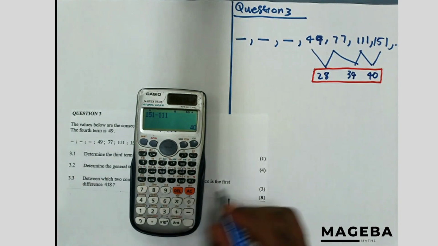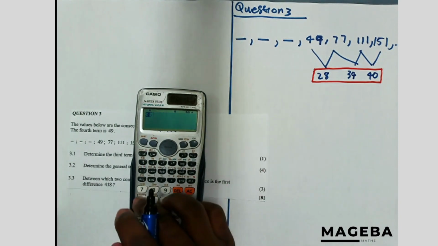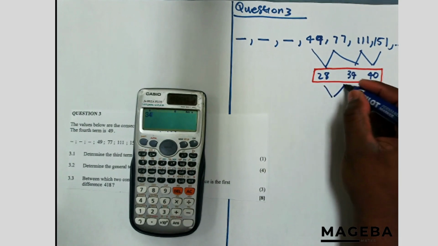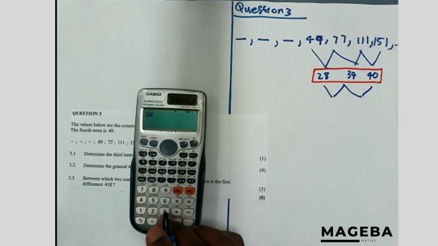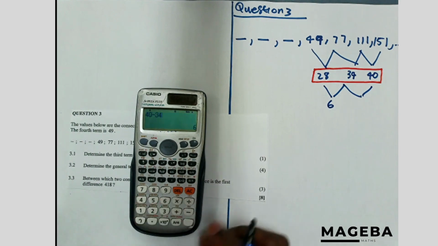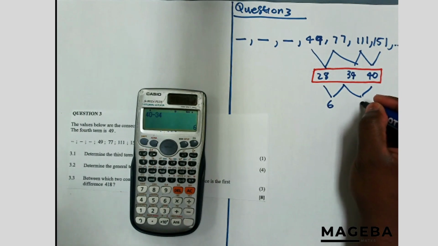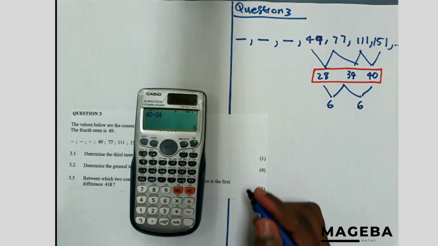From there we say 34 minus 28 gives us 6, and 40 minus 34 gives us 6. So we know this is our quadratic.